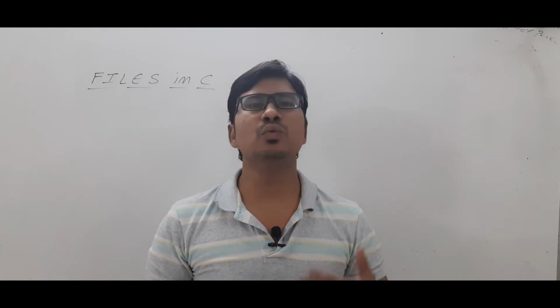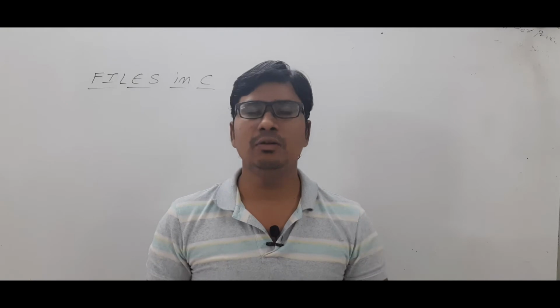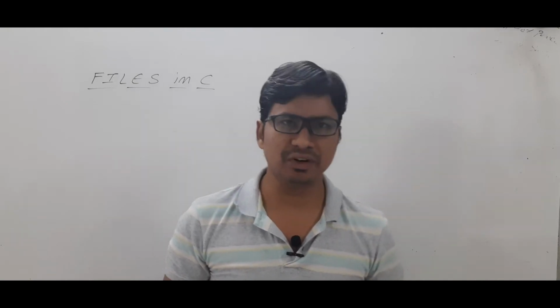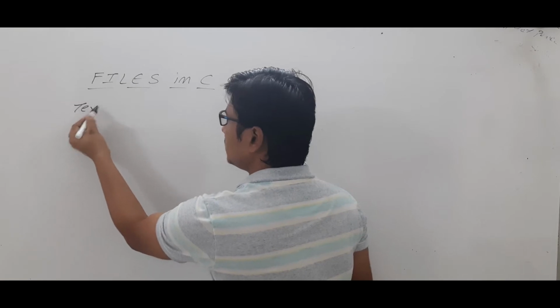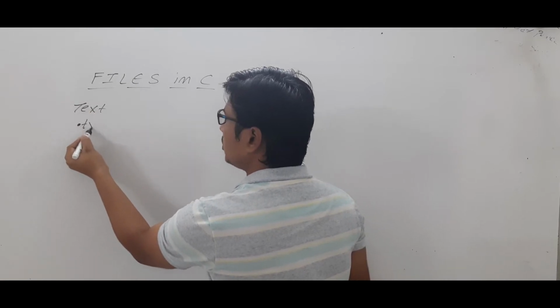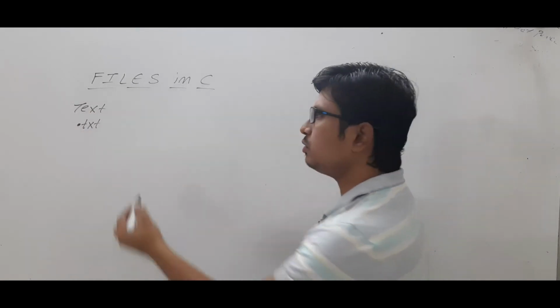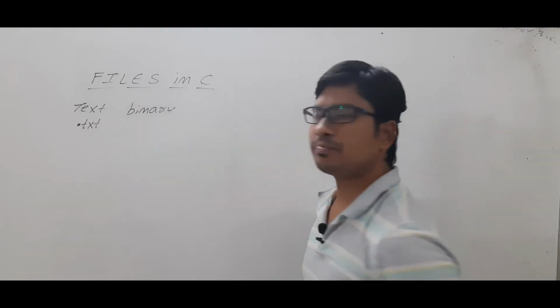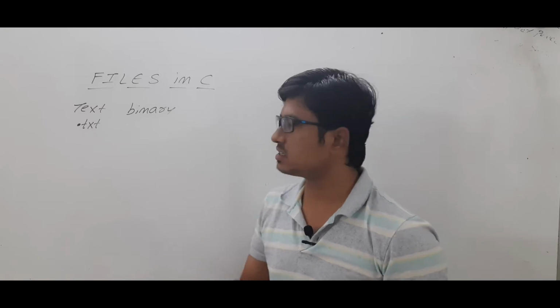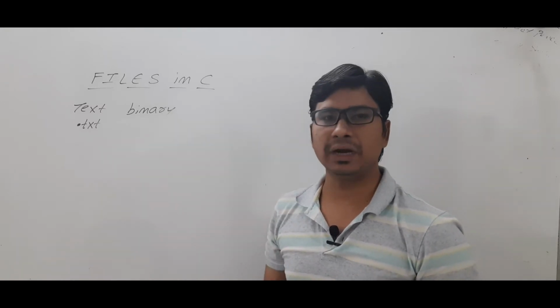Now let me discuss what types of files are there. Basically we have two types of files: text files, with an extension called .txt, and binary files. Now I will discuss the purpose of the text files, then I will discuss the binary files.